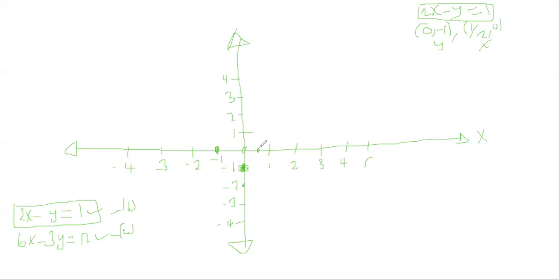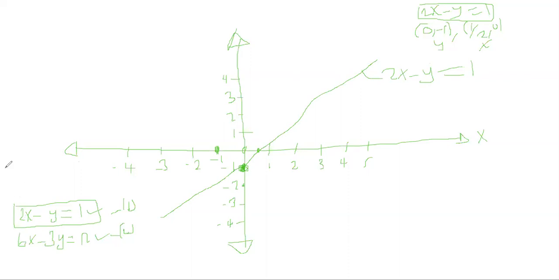Sorry for my graphs; I have a terrible way of writing. This one is better. So this line you are seeing is nothing but the graph of 2x minus y equals 1. We will do the same thing for the second equation.